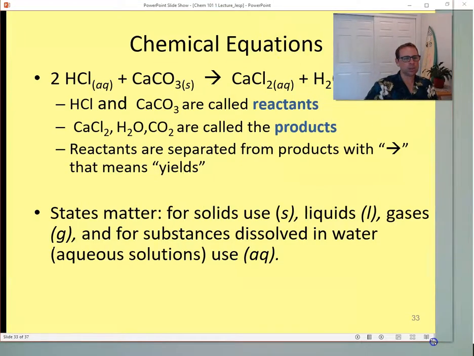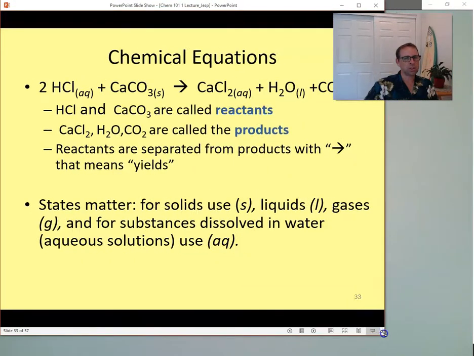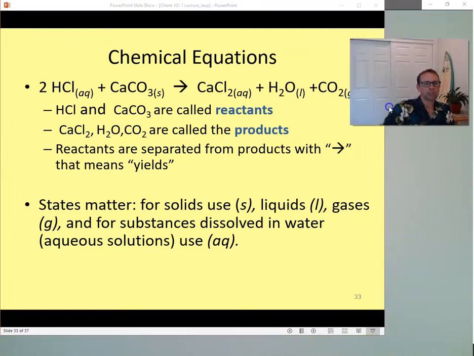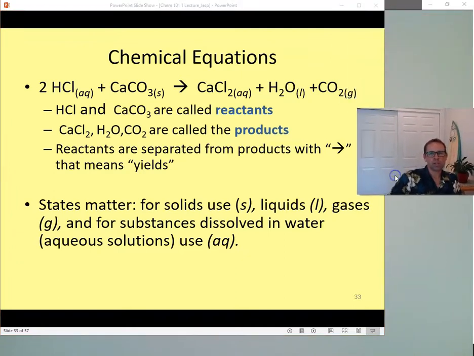So we're going to talk a little bit more about chemical equations, and then we're going to finish up this chapter, and we'll be on to the next. We've already mentioned a handful of these things in chemical equations. First of all, we have our reactants, the things that are reacting together, to the left of the equation. An arrow, which means yields or produces.